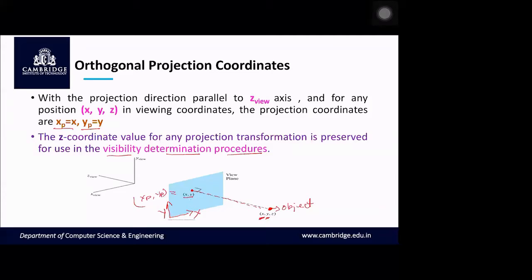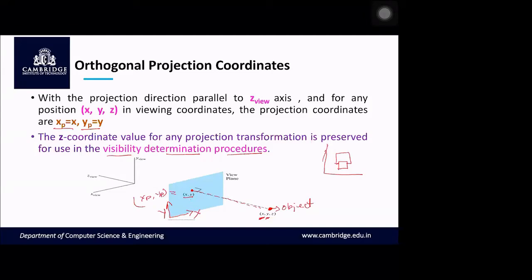I'll just brief you. Suppose I have one object here, and behind it I have another object projected here. Based on your camera, you have to say which is visible and which is not visible.